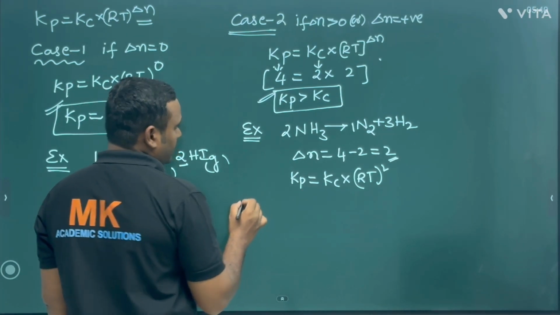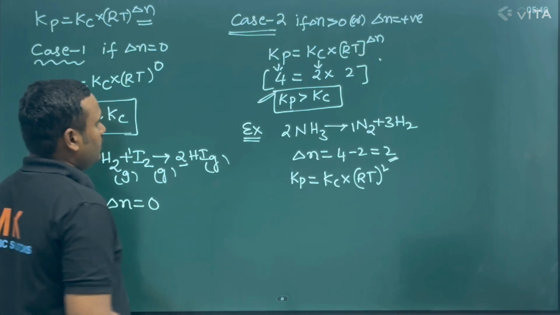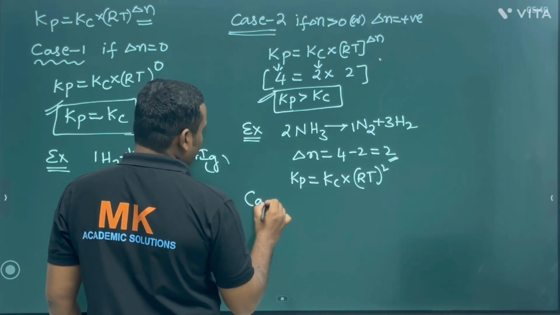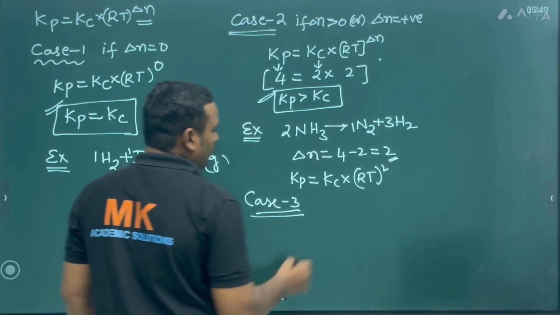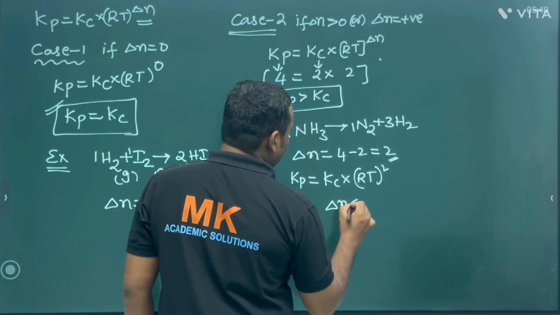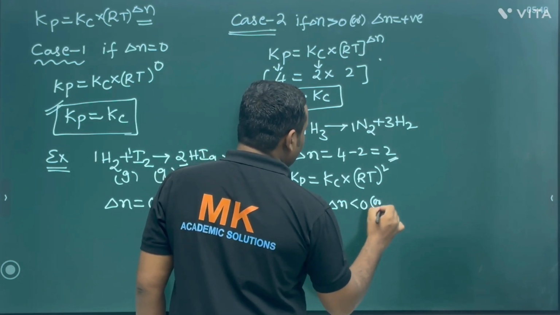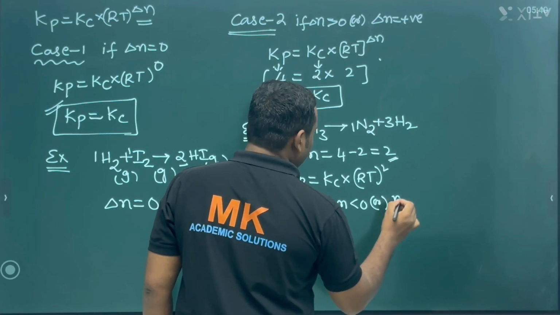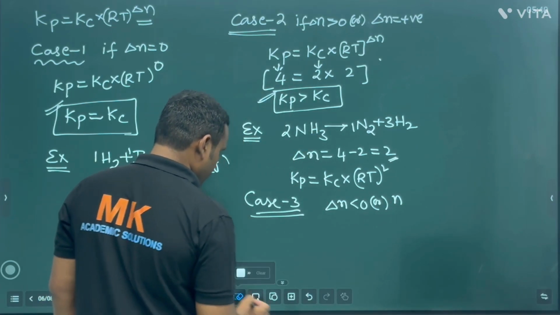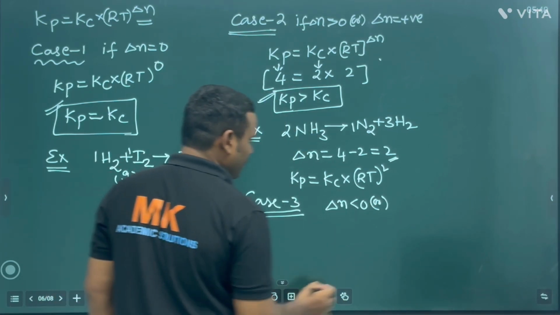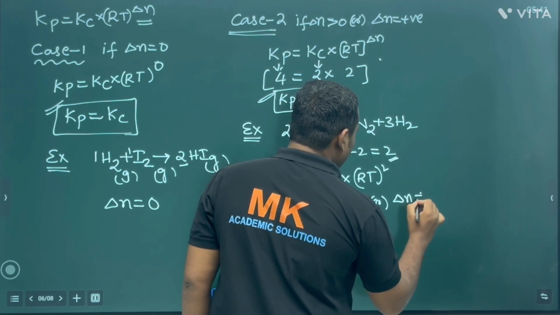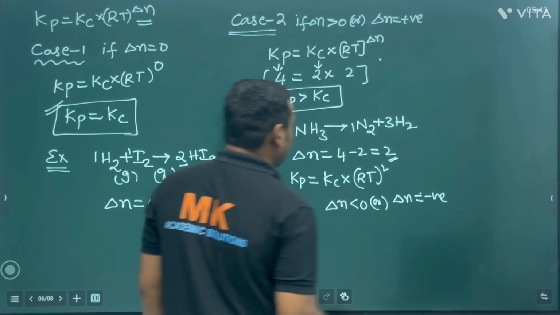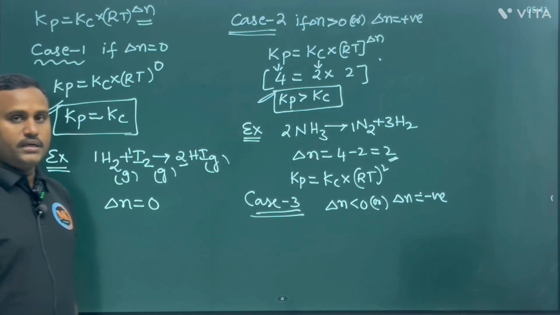Next, let us take the third case, case 3. Here in case 3, delta n is less than 0 or delta n is negative.